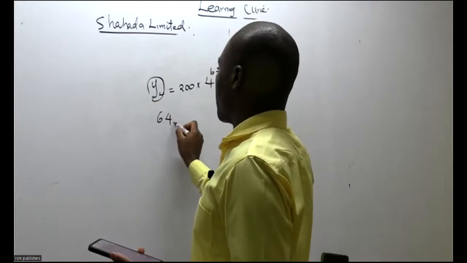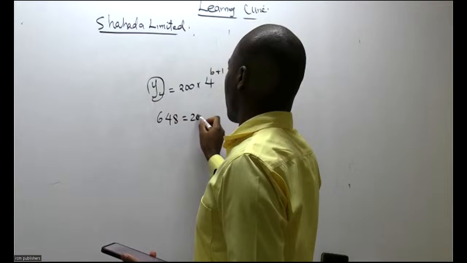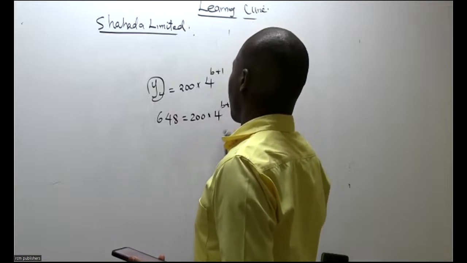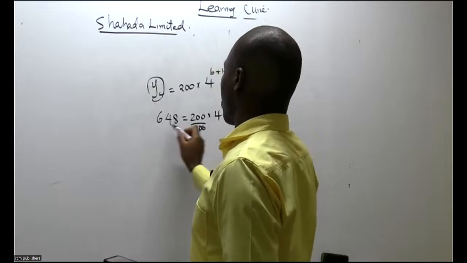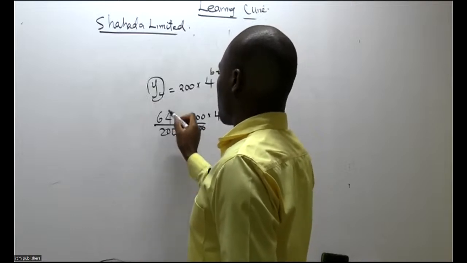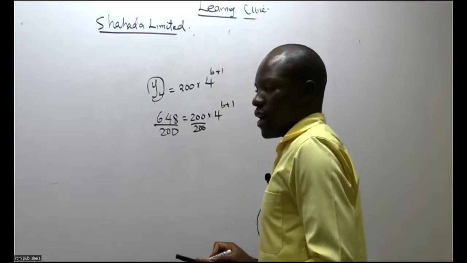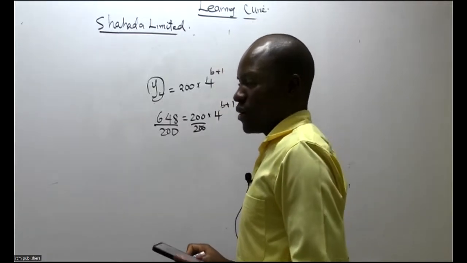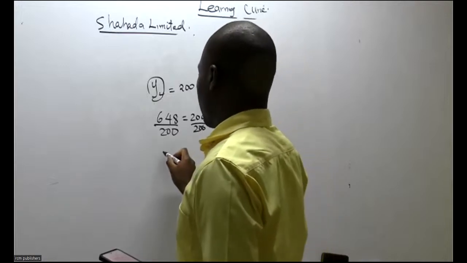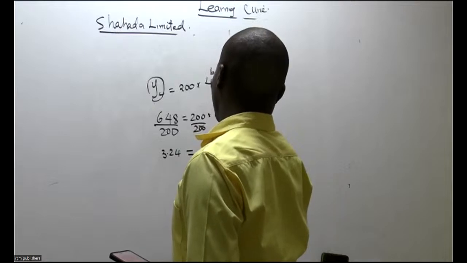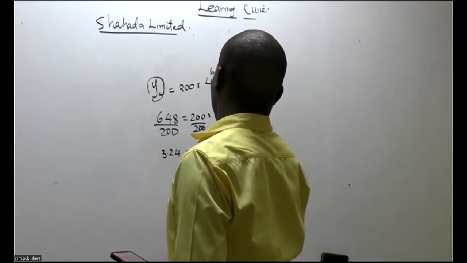So 648 is equivalent to 200 times 4 raised to the power B plus 1. So divide both sides by 200. What are you getting here? 648 divided by 200 gives us 3.24 is equal to 4 raised to the power B plus 1.